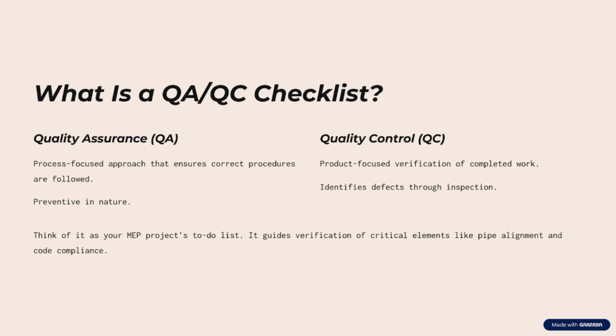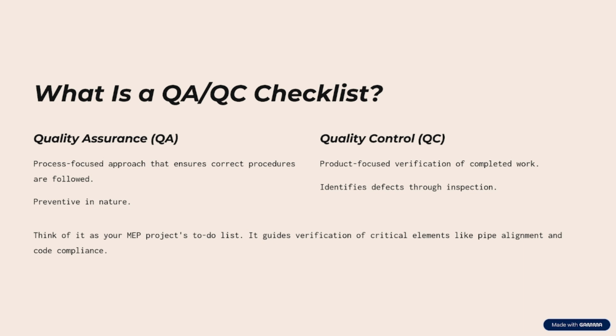So what is the QA, the quality assurance checklist? The QA focuses on the process approach. As we already know, the QA always focuses on the process involved in producing any product.